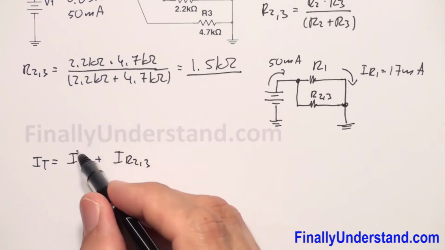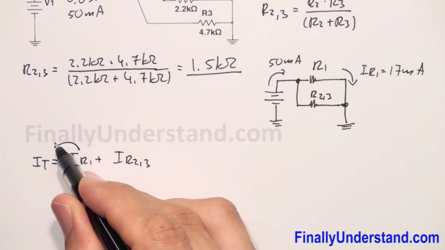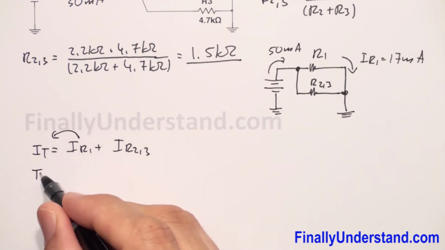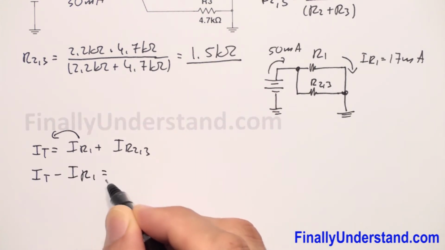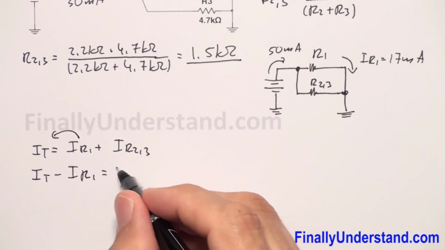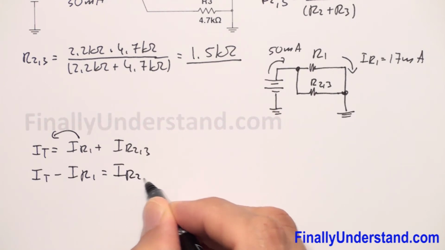In order to find this current, I have to move IR1 to the other side. So I have I total minus IR1 is equal to IR23.